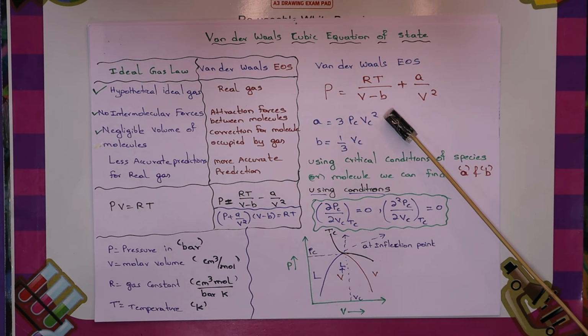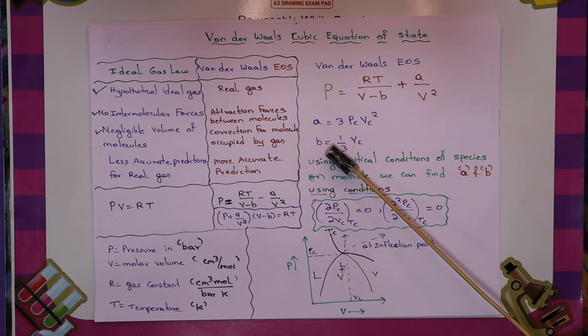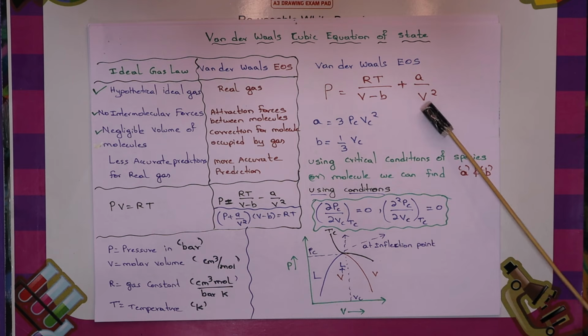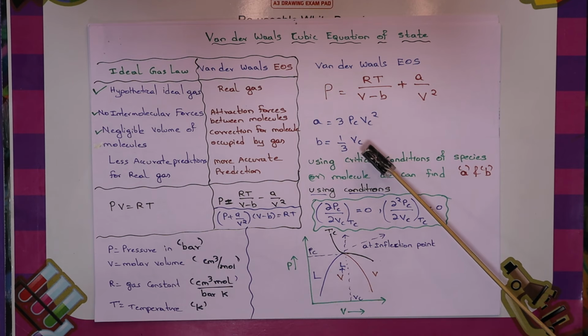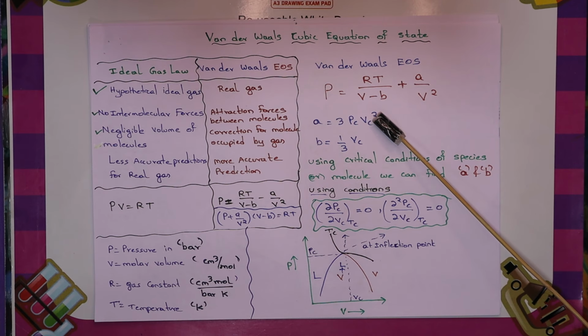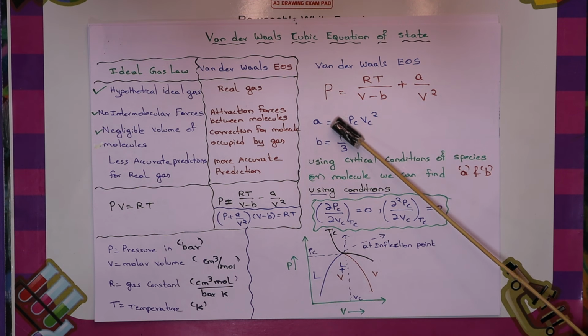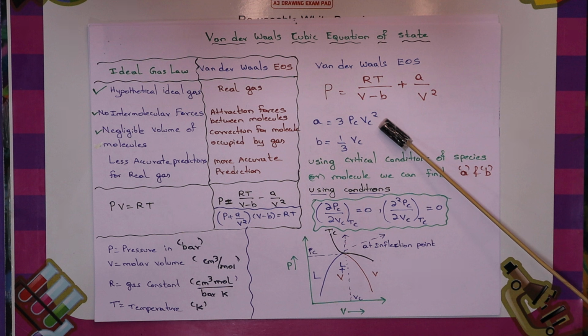Using the available information, I can calculate A and B, and through A and B I can estimate the vapor volumes. PC is the critical pressure, TC is the critical temperature, and VC is the critical volume. Every molecule has certain critical properties, which are registered and well known.